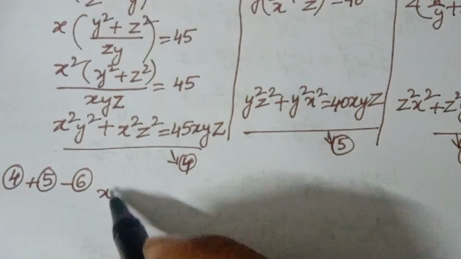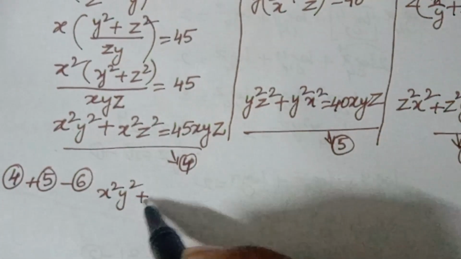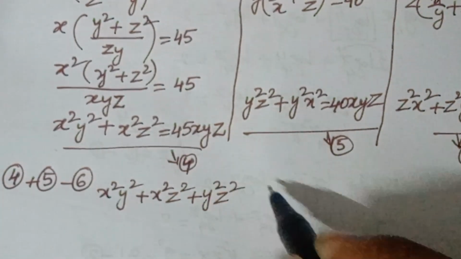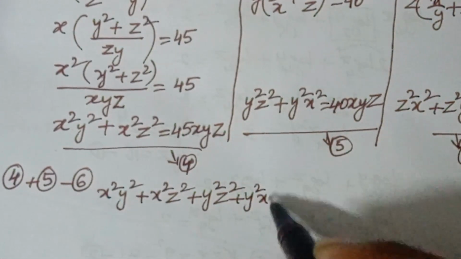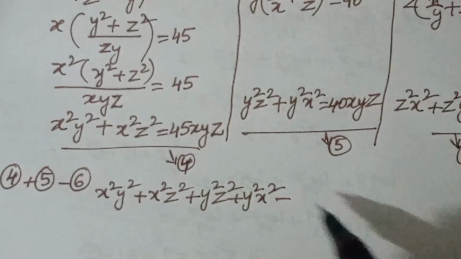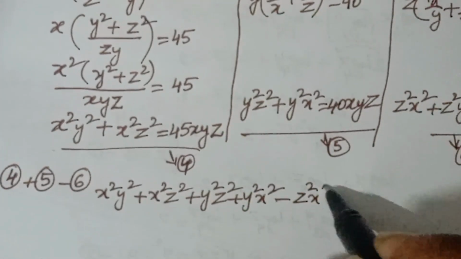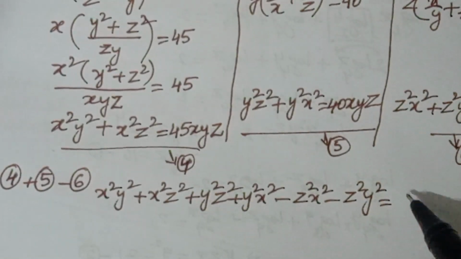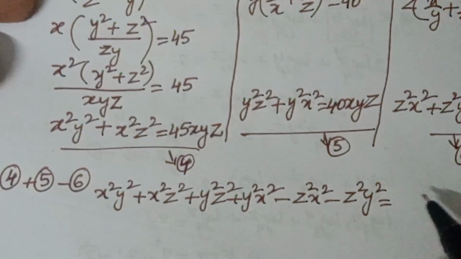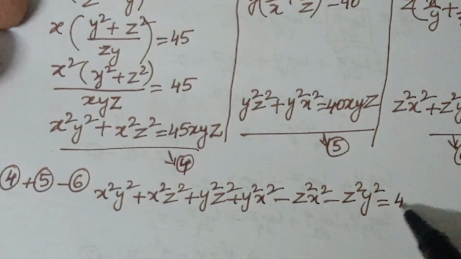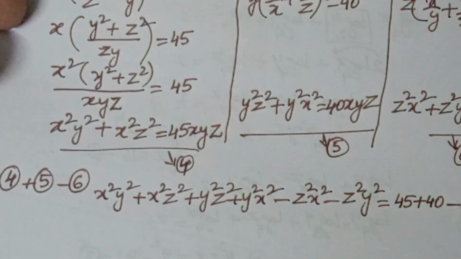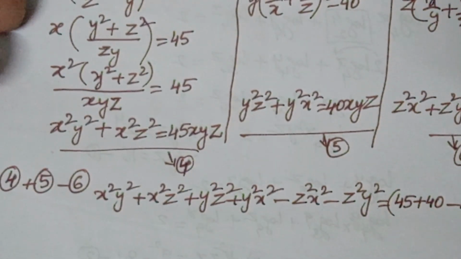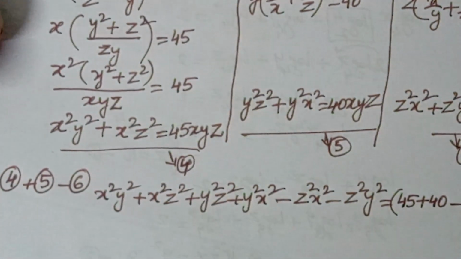4 plus 5 means x square y square plus x square z square plus y square z square plus y square x square minus z square x square minus z square y square is equal to (45 plus 40 minus 13) xyz.